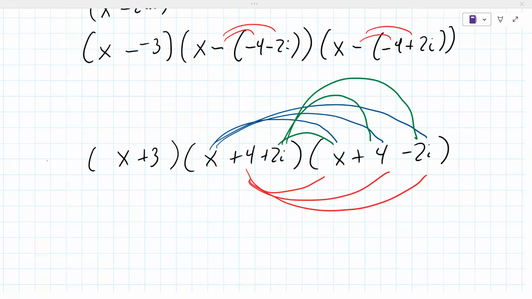When I multiply the 4 and the negative 2i, what does it equal? What am I supposed to do? It's minus 8i, minus 8i.